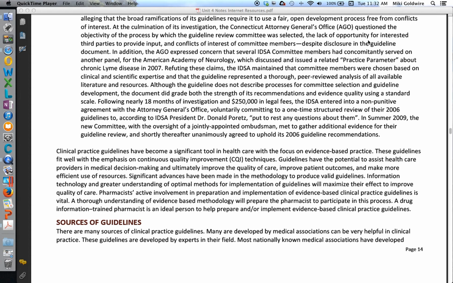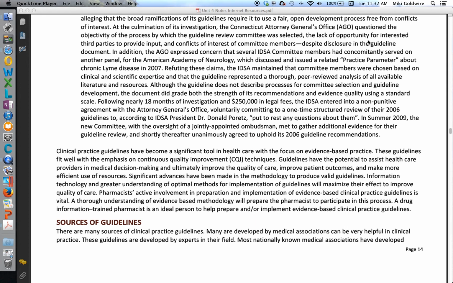Significant advances have been made in the methodology to produce valid guidelines. Information technology and greater understanding of optimal methods for implementation of guidelines will maximize their effect to improve quality of care. Pharmacists' active involvement in preparation and implementation of evidence-based clinical practice guidelines is vital.